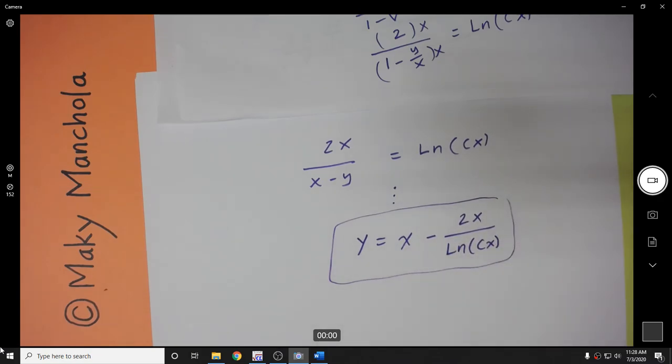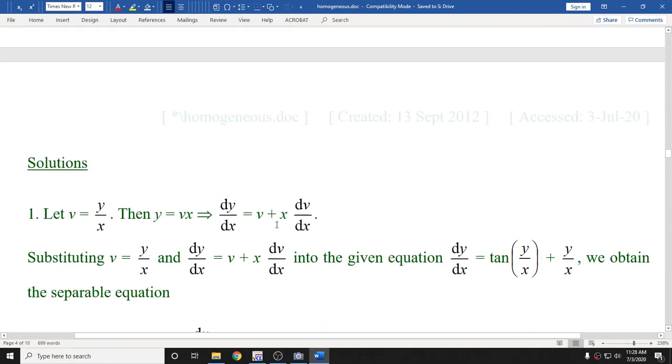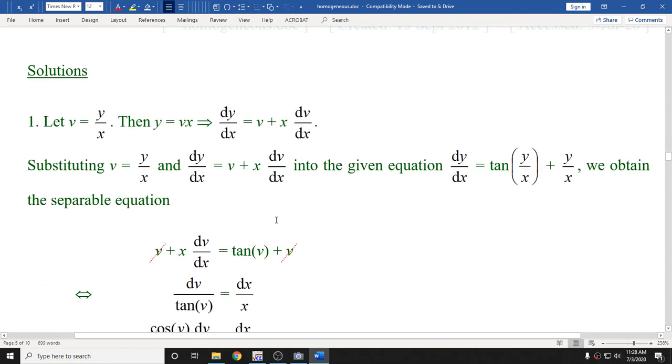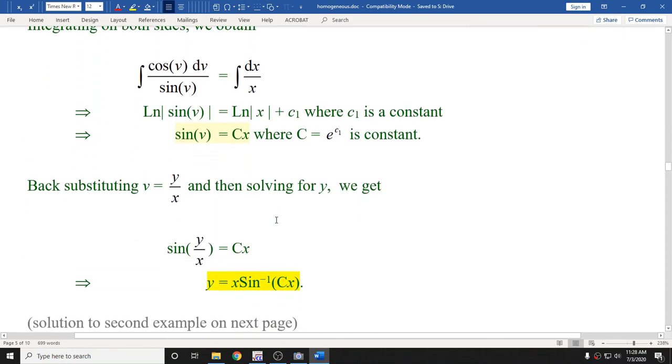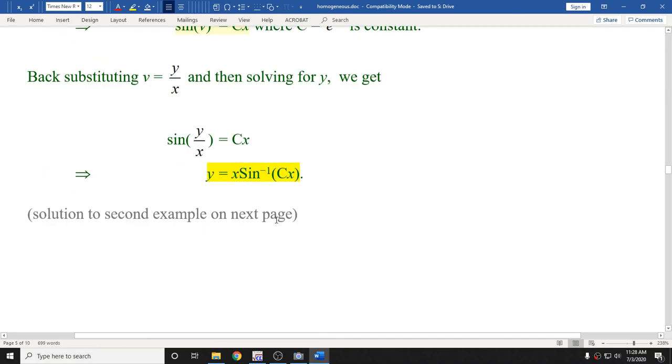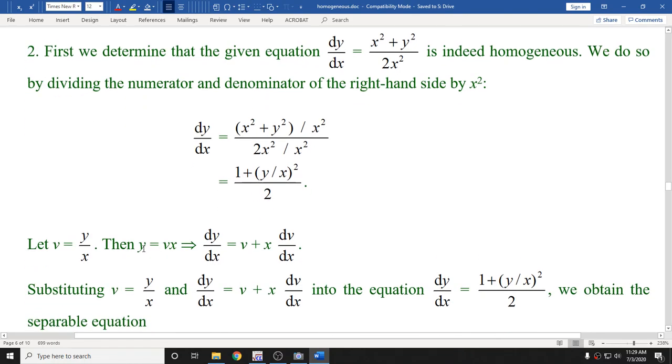We have presented a couple of examples. Let me show you the notes. Here are our solutions in summary. This is what we did for our first solution. And then for our second solution, we went through the process of verifying that our equation was homogeneous. We made our substitutions.